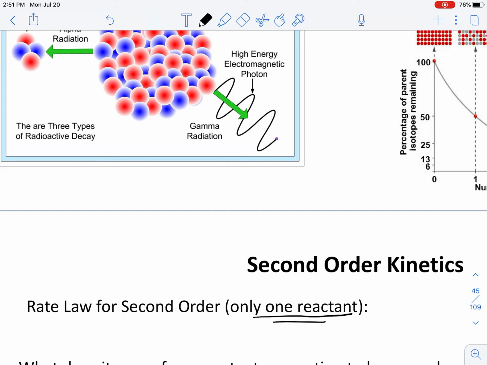Once again, we're working with a general equation such that alpha is going to represent the coefficient for reactant A. And once again, this reactant A is going to undergo some type of decay to produce products.